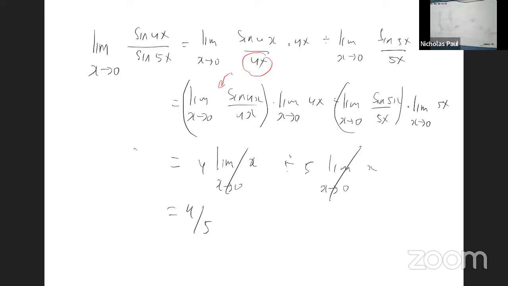And if I divide by 4x, I have to multiply by 4x because 4x on 4x is 1. And I wouldn't change the answer. If I divide by 4x alone, well, I would have changed the answer, right? That's okay? So I divided by 4x, and then I divided by 5x.